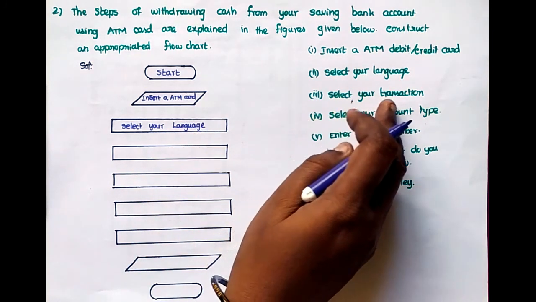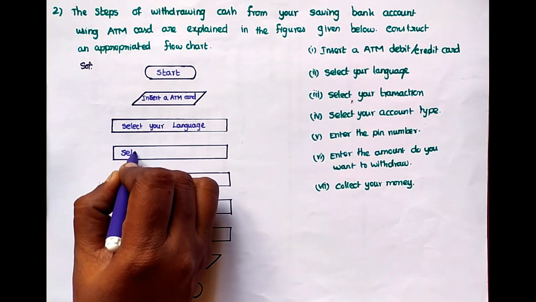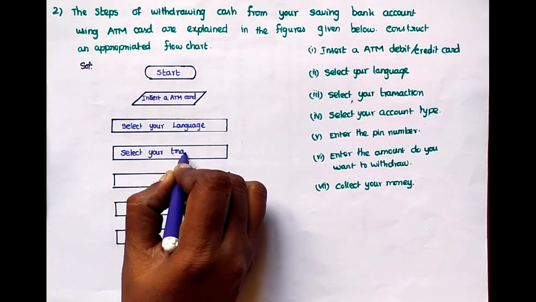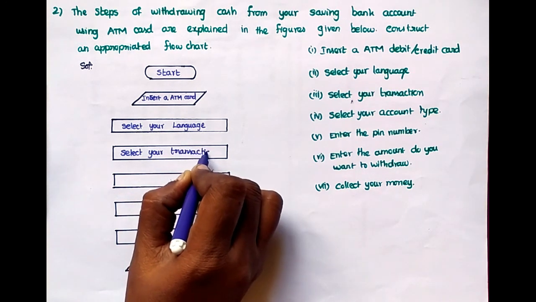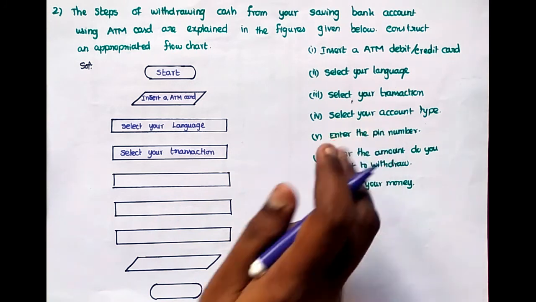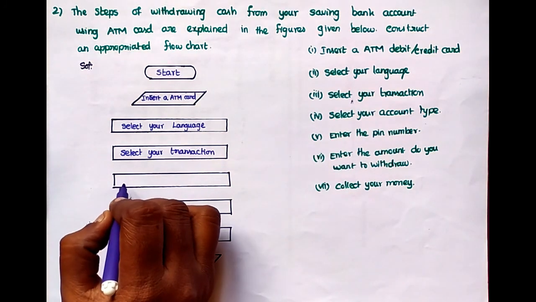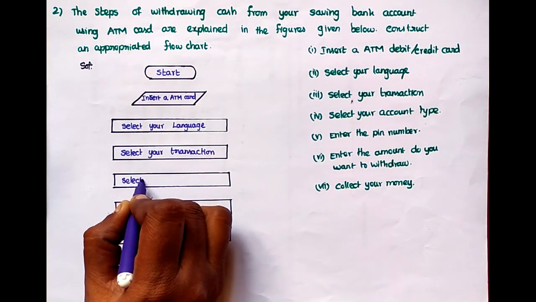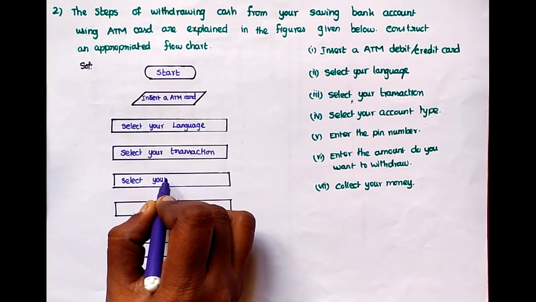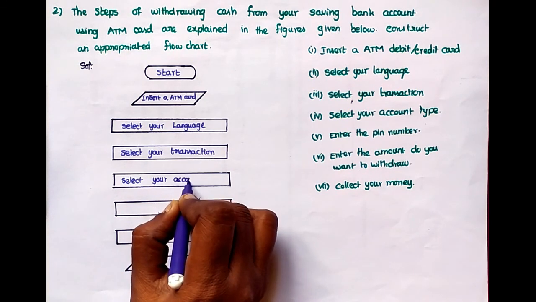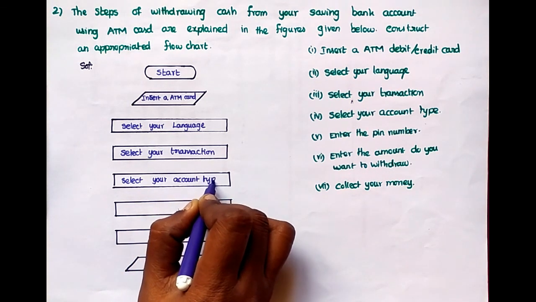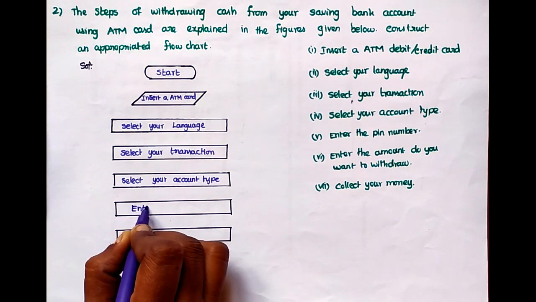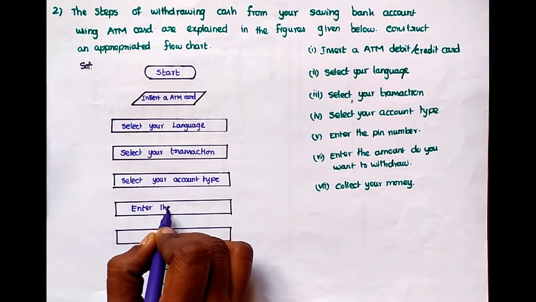Next one, select your transaction. And then select your account type, that is savings account or anything else. And then enter your PIN number.